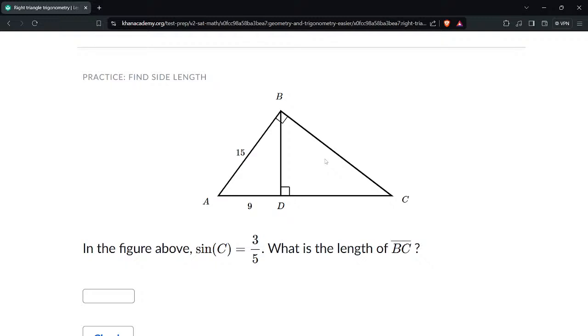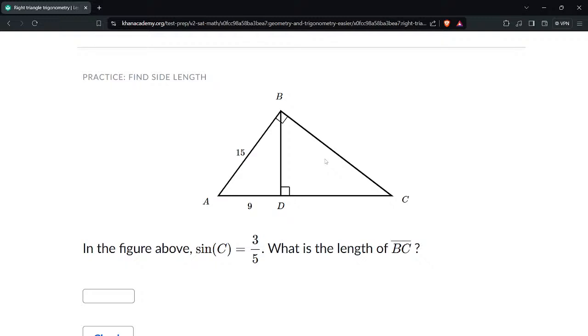Okay, do I really want to do this? Yes, right. How am I supposed to do this? So you see, this is 3 by 5, right? Sorry, so it's equal to 3 by 5. Now sine C is equal to BD by DC.